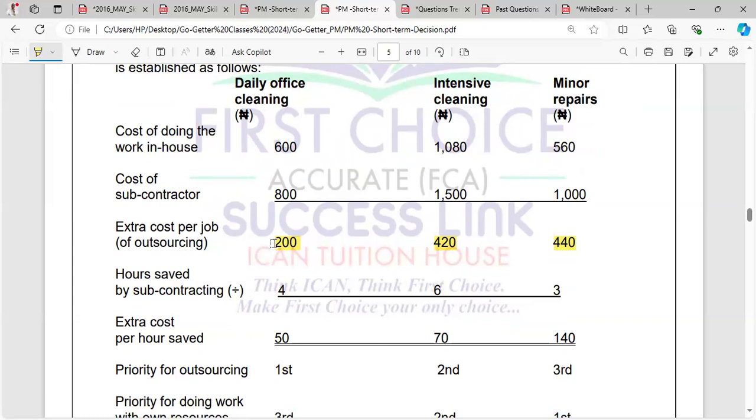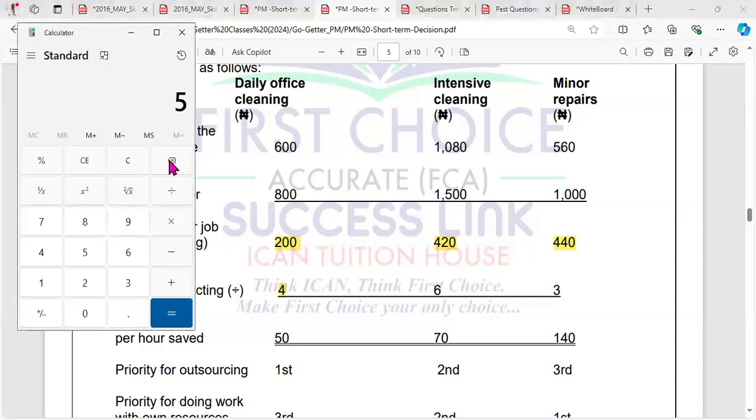Now, what is the cost per hour that you are saving? If you are paying 200 naira extra and you are saving yourself 4 hours per job, when you divide 200 by 4 hours, you are saving yourself 50 naira.